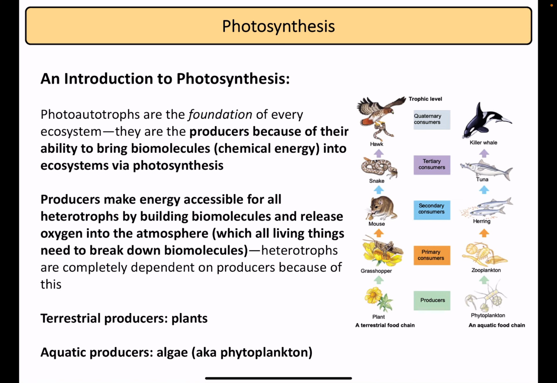There's different types. But as you can see here, all levels of food chains depend on having photoautotrophs at the base. And if you don't have your photoautotrophs, you can't have higher levels to the food chain.